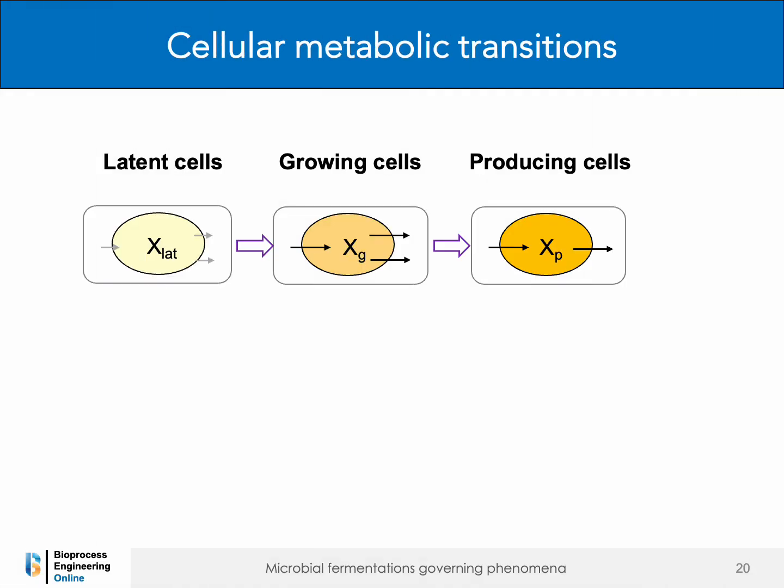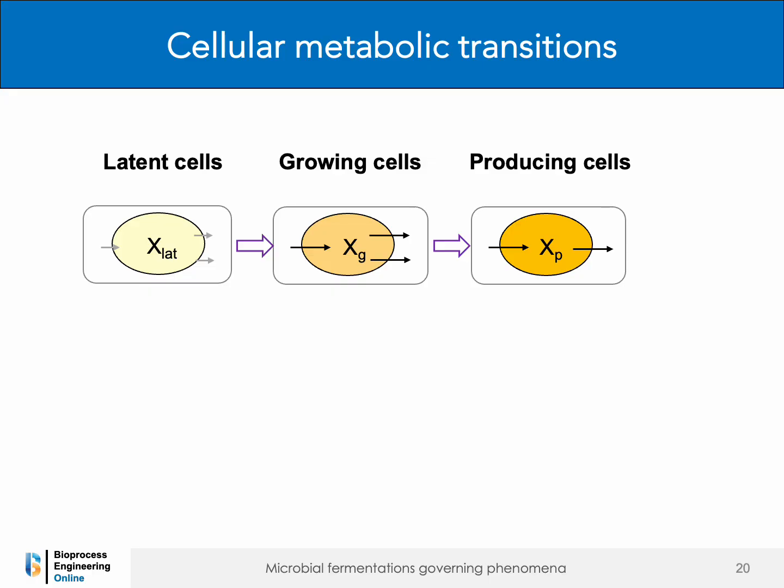In many fermentation processes, fermentation kinetics are strongly influenced by physiological transitions as cells shift between distinct metabolic states during the culture. These key states include an initial lag phase, where inoculated cells adapt to the new medium and environmental conditions, resulting in slow or no growth.